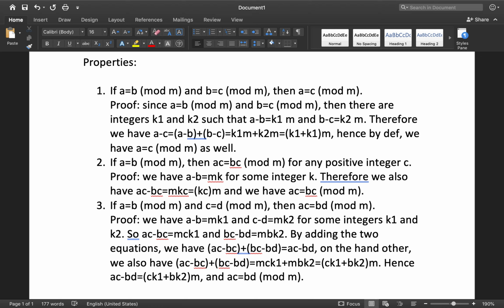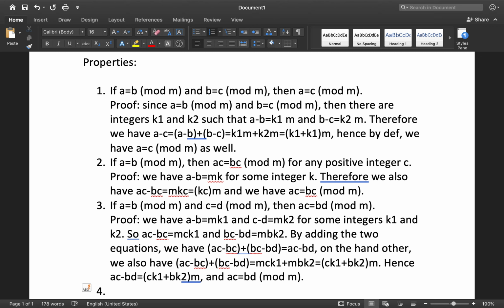But that's not the only thing you can use. In fact, you can do one more thing, and that is a more useful property, I would say, because sooner or later I will show you some examples that we can take powers on the congruence. This is the property that we will see.